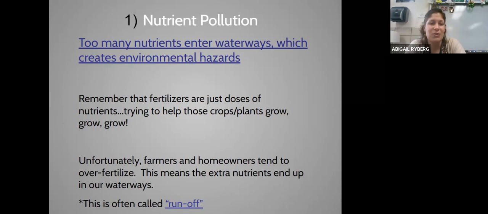Remember that fertilizers are just doses of nutrients, right? So when your parents fertilize their lawns, or when farmers fertilize their 500 acres of corn, trying to help the crops or our lawns grow, those are just nutrients. And most of those nutrients honestly don't get absorbed by the grass in your front yard or by the corn in that field, and they run off into other areas.